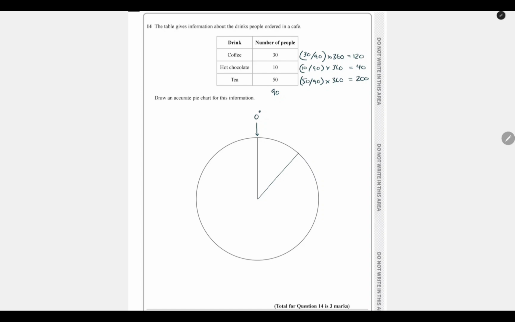And then tea is 200. So we know the straight line is 180, so it's going to be greater than that. So maybe here. And so we're going to have hot chocolate, tea, and coffee.